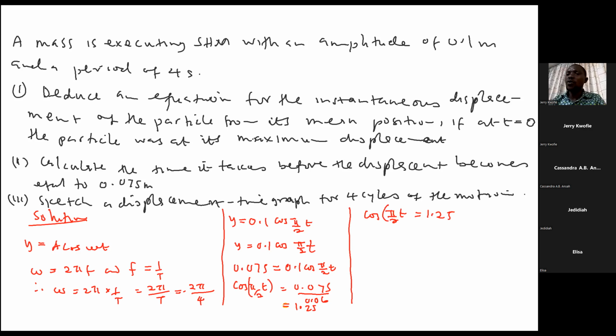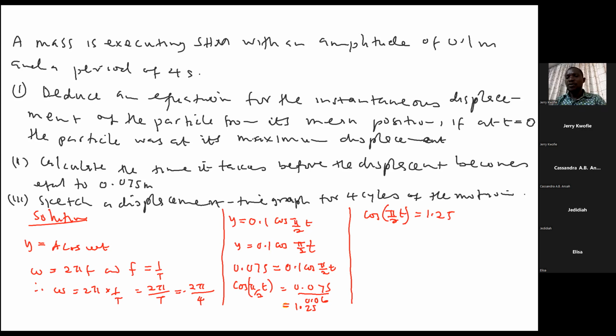Don't forget the whole of pi over 2 times t is representing one angle, so it will be good if we put that in brackets. I want to get the value of t. What should I do?